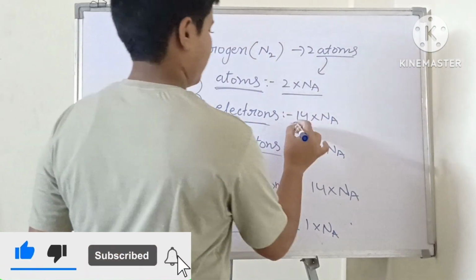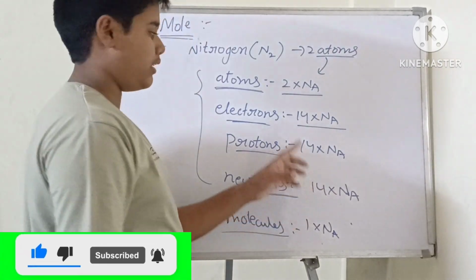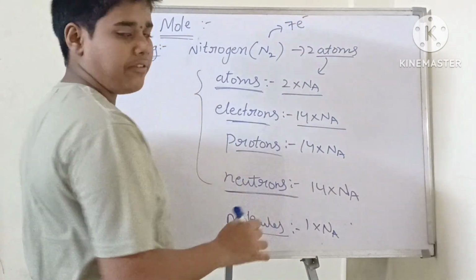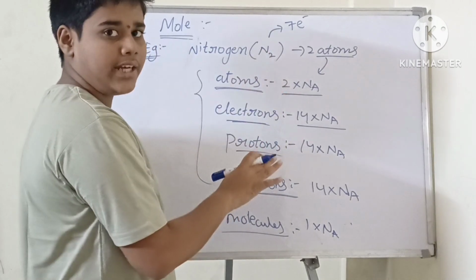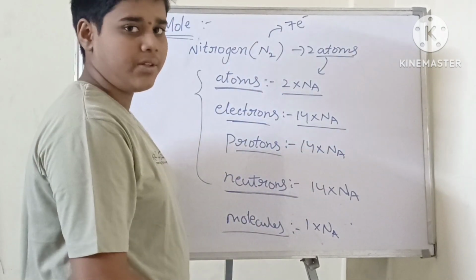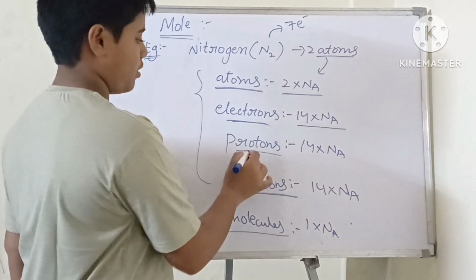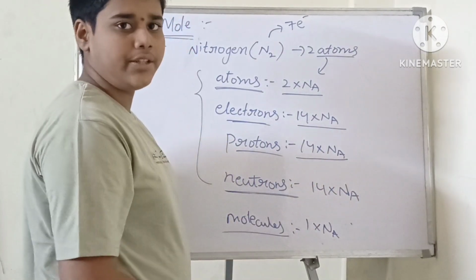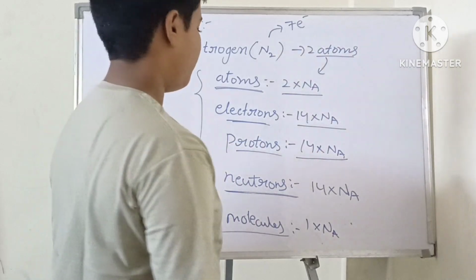In 1 nitrogen there are 7 electrons and in 2 nitrogens 14 electrons. So 14 into Avogadro number of electrons, and electrons and protons are equal, so it is also 14 into Avogadro number of protons.